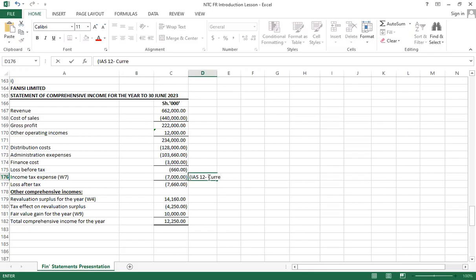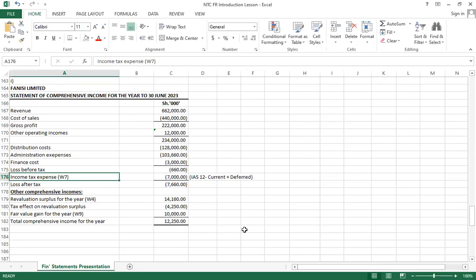One is the current, and then plus the other one that we call the deferred. So the normal deferred tax will just be part of the income tax expense. Unless it's for the revaluation, then it will very simply be just part of our income tax expense. Okay. All right.